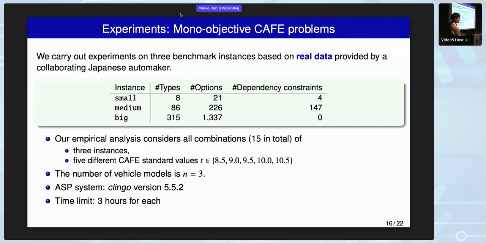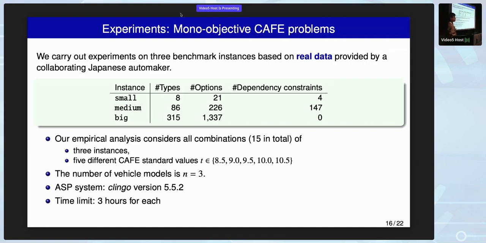Yes. The first time I talked about my collaborating car maker, the target is a medium size. They want to solve this size, but I asked them to give us a bigger one because I want to check the scalability of ASP.